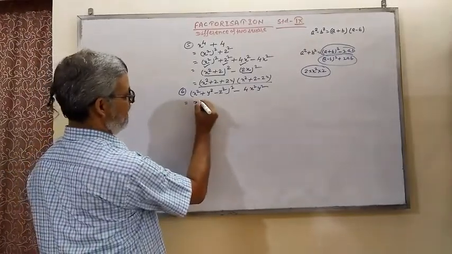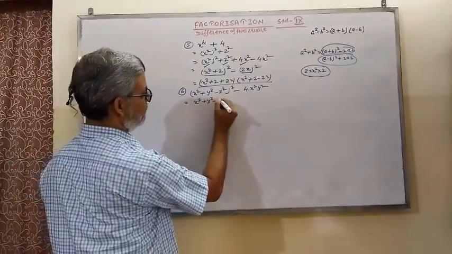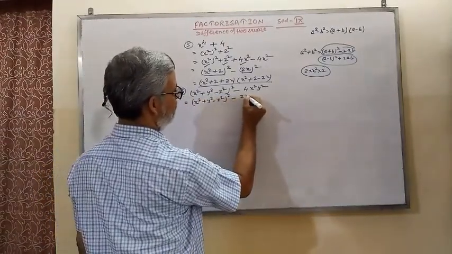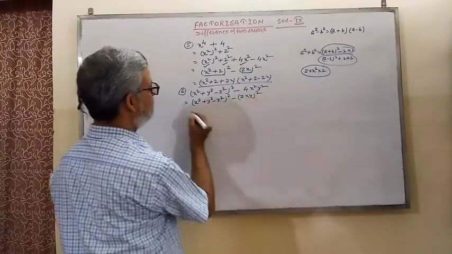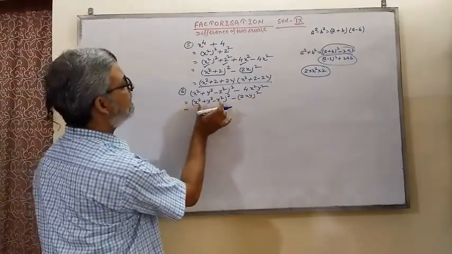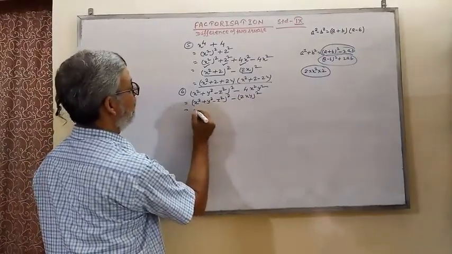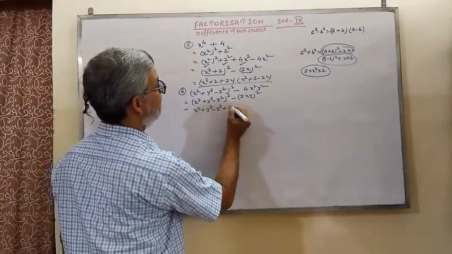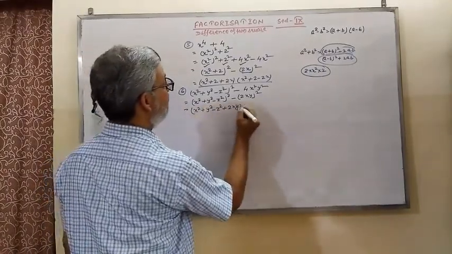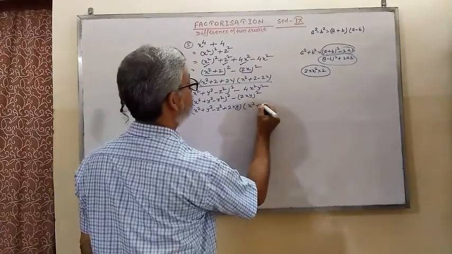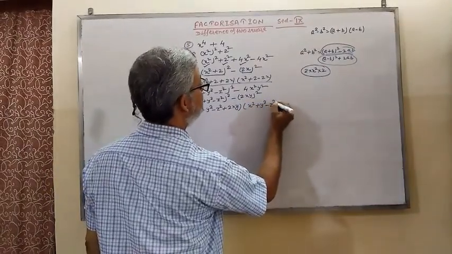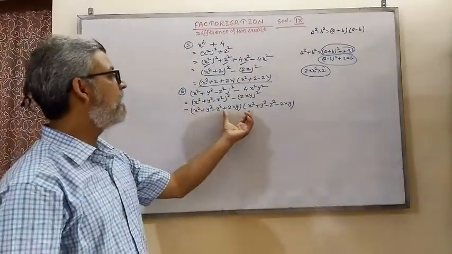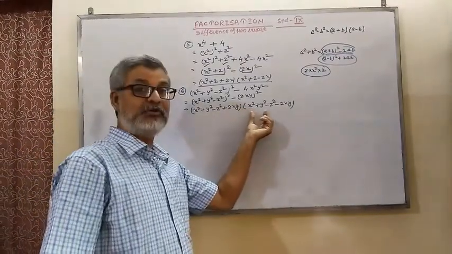So this question is directly (x square plus y square minus z square) whole square minus (2xy) whole square. So this is directly a square minus b square, so (a plus b) into (a minus b). Most students leave the answer here.